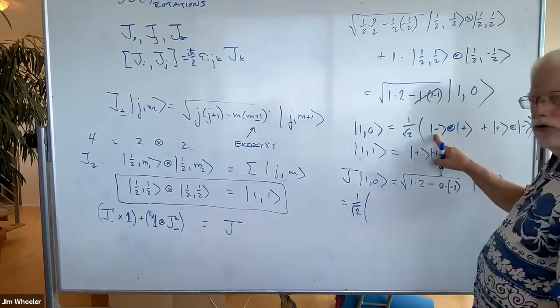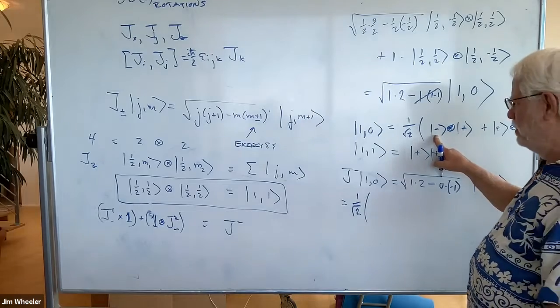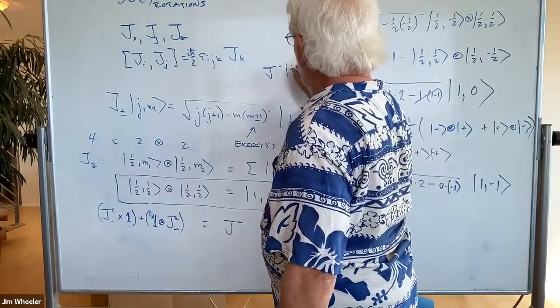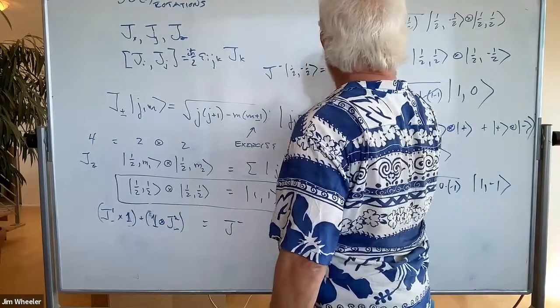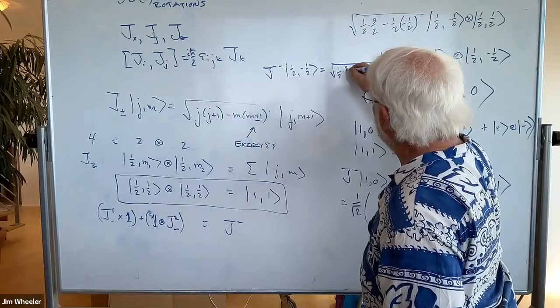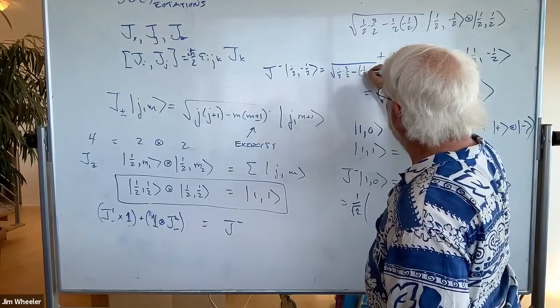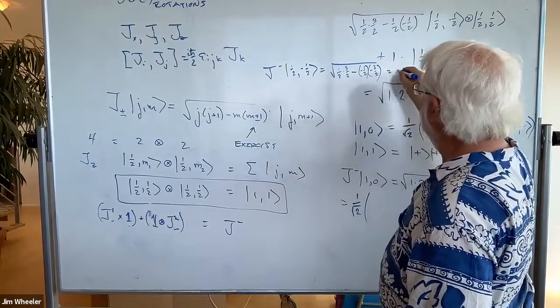But look what happens. If you try to lower a spin down state, you get 0. Let's prove it. J minus on a 1/2 minus a half state is square root of 1/2 times 3/2 minus a half times minus 3/2 equals 0.